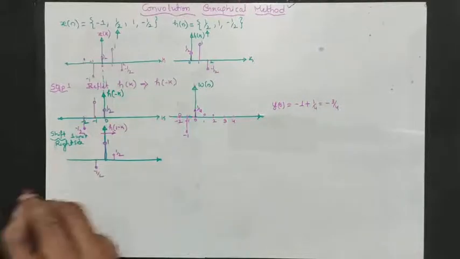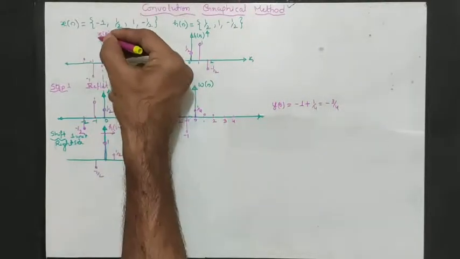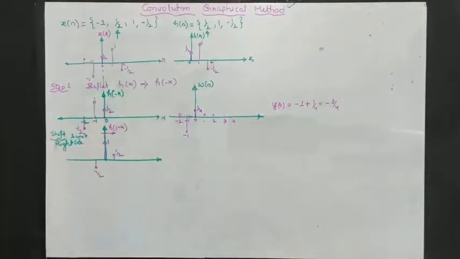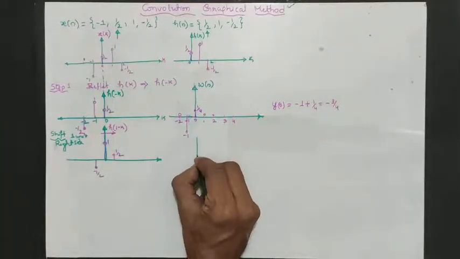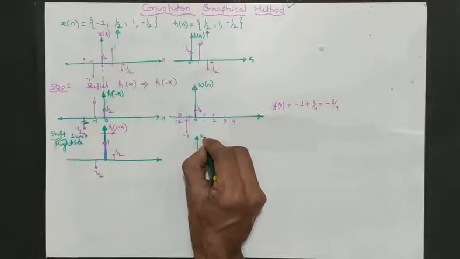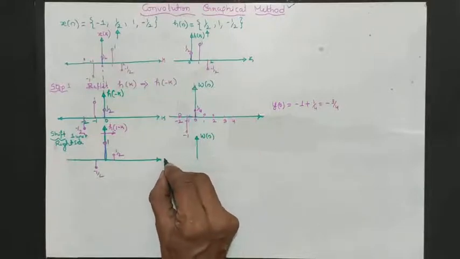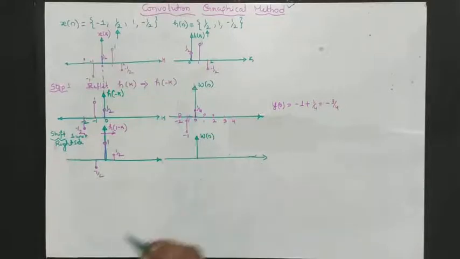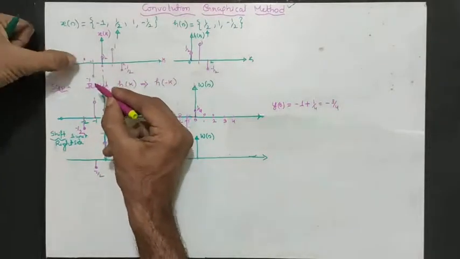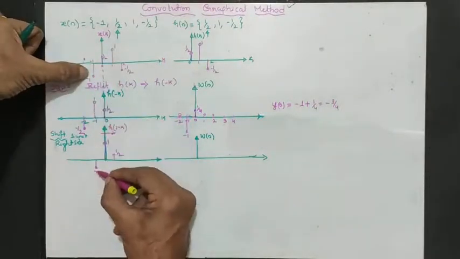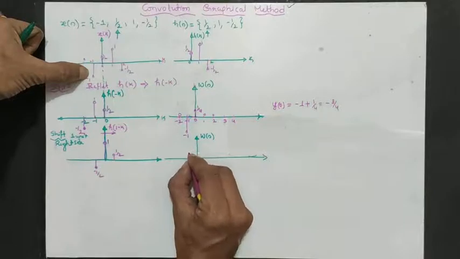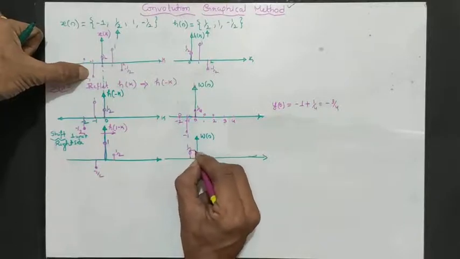Again multiply x of k and h of 1 minus k so as to obtain the next intermediate signal Wn. How is the Wn signal? -1 multiplied by -half, the answer is half.